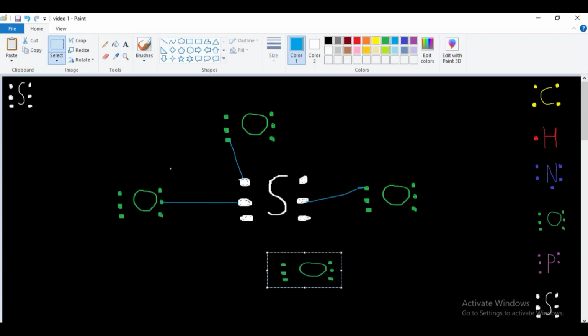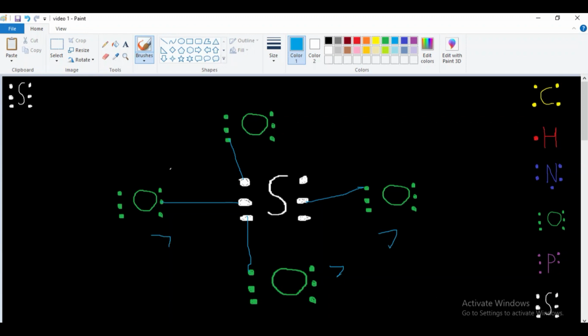Okay. Now for SO4, I will connect this 7, 7, 7, 7. And this has 6 plus 4, 10. Now it has 10. So it has two extra electrons.